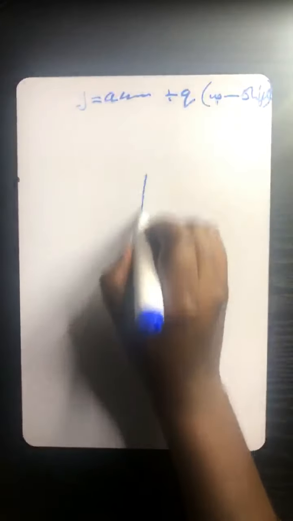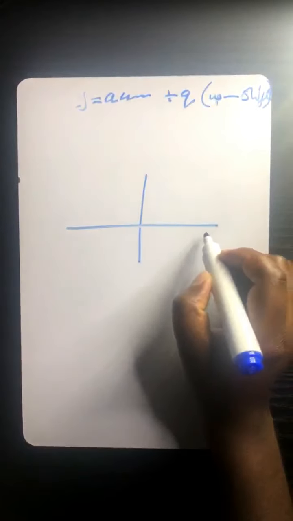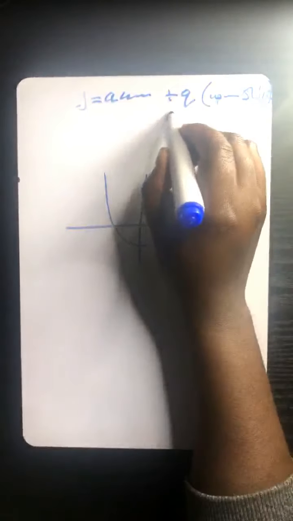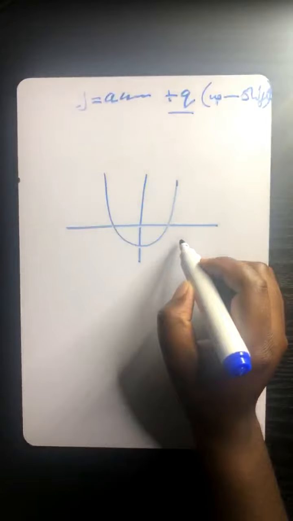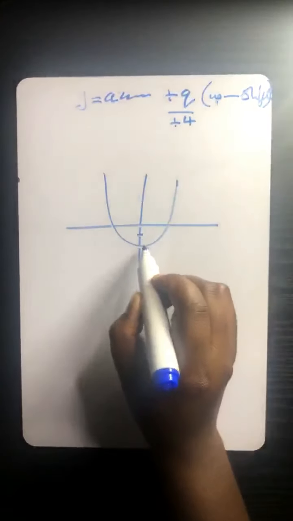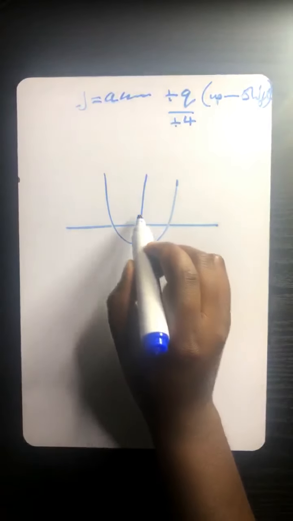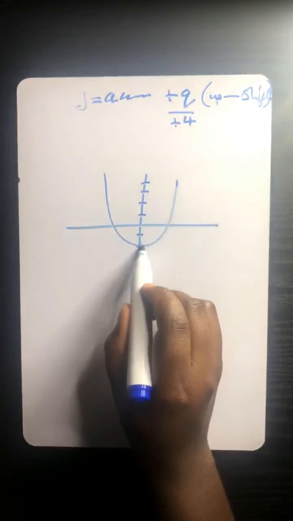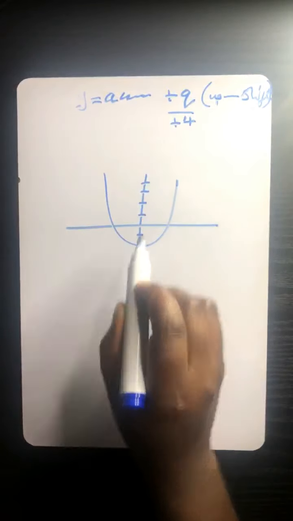So, for example, if we had a parabola, when you say plus q, it means you shift it by that many units upwards. Maybe if it is plus 4, if it's -1 here, it's -2, 1, 2, 3, 4. So that means you shift it from there by 4 units upwards.